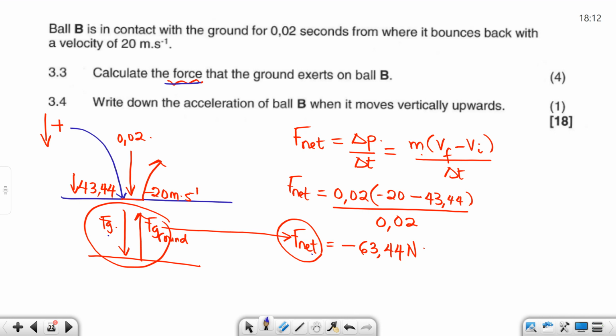The reason the ball doesn't go into the ground is because the force that the ground exerts on the ball is bigger than the force that the ball exerts on the ground. I don't know if it makes sense. If you throw a very heavy ball down, it could break the ground.